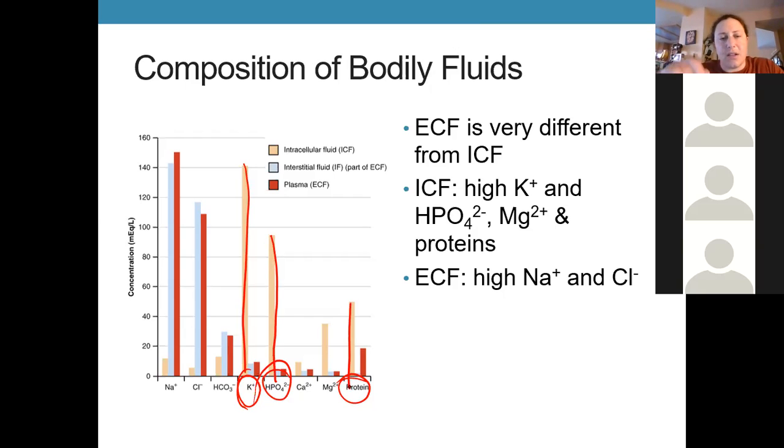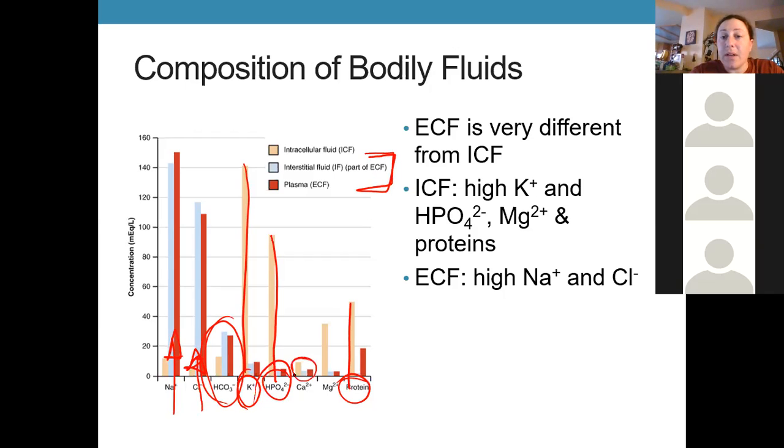The extracellular fluid is very high in sodium and chloride, and everything else is kind of lower amounts. So you can see like bicarbonate's pretty low in all of them. Obviously it's pretty low potassium in our extracellular fluids, as well as pretty low phosphorus.